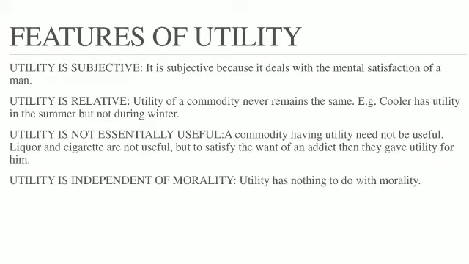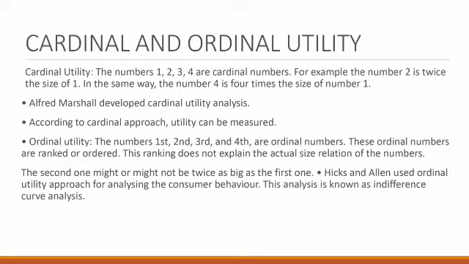Now we'll discuss another important topic, that is cardinal and ordinal utility. The word cardinal explains the calculation of utility. The numbers 1, 2, 3 are cardinal numbers. Here the number 2 is twice the size of 1.